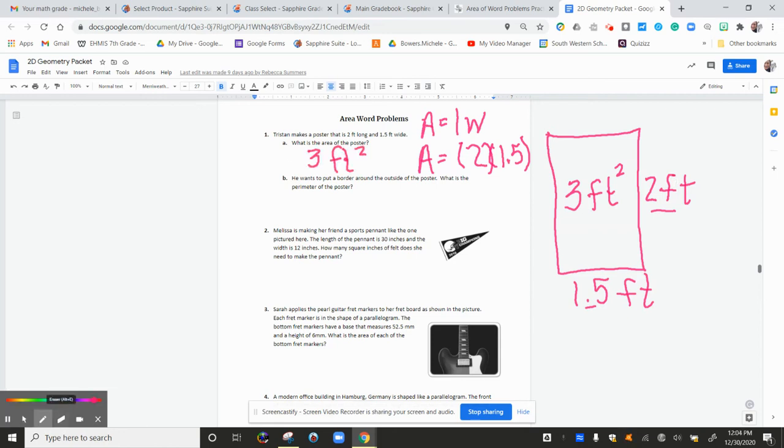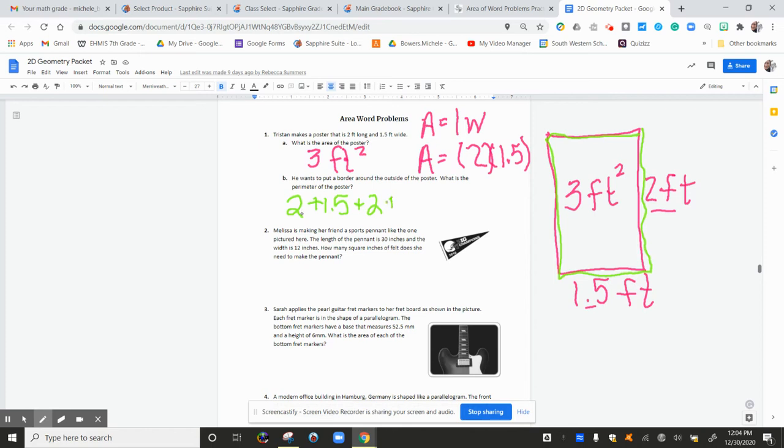Now, the next question says he wants to put a border around the outside of the poster. So what is the perimeter of the poster? The perimeter is the distance around. This is a rectangle, so it has 4 sides, and I add each of them: 2 plus 1.5 plus 2 plus 1.5.